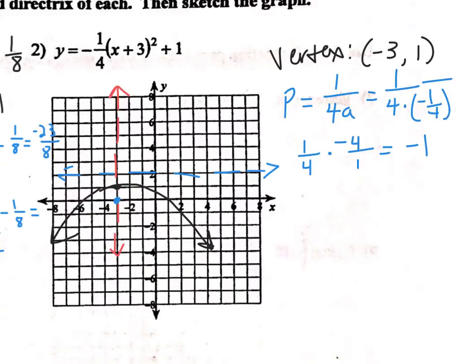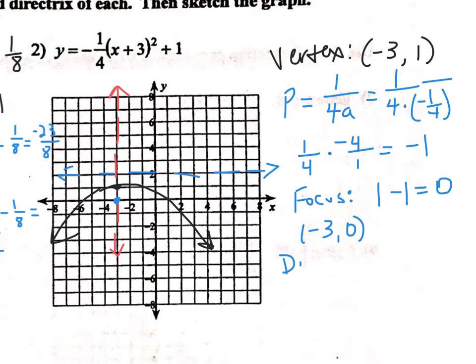So to find the focus, I take my Y value of my vertex, which in this case is 1, and I subtract 1. And that's going to give me 0. So my focus is going to be at -3, 0.